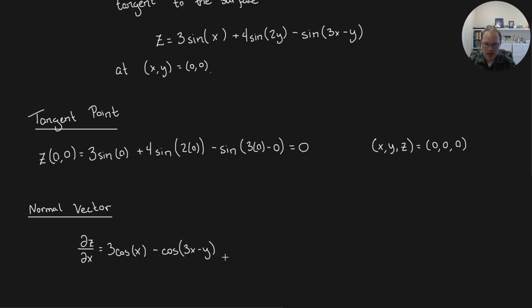I left the insides the same, and then according to the chain rule, I need to multiply by the derivative of the inside when I'm done. Derivative of 3x minus y with respect to variable x is just going to be 3. Okay, so my partial derivative of z with respect to x is 3 cosine of x minus 3 cosine of (3x minus y).